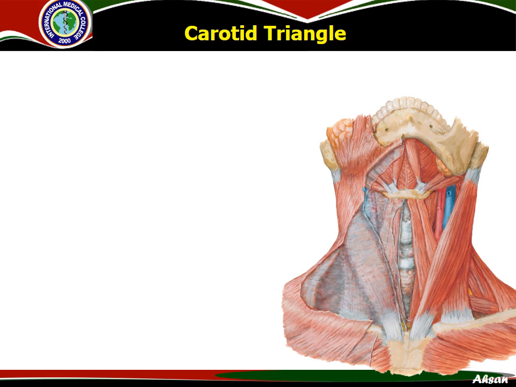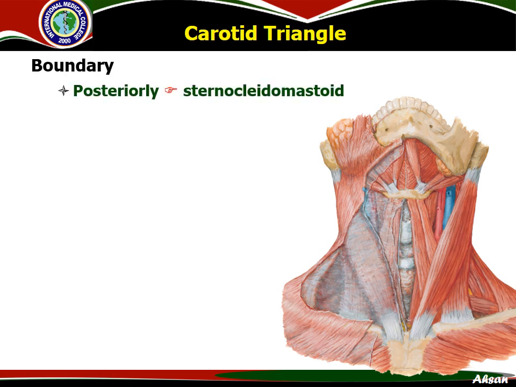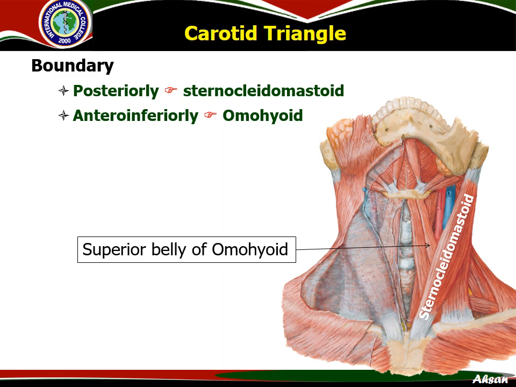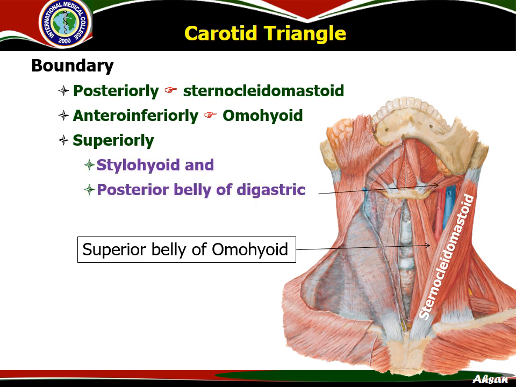The carotid triangle. The carotid triangle is bounded by the anterior border of the sternocleidomastoid, which is the posterior inferior boundary, and anterior inferiorly the superior belly of omohyoid is present. Superiorly it is bounded by the stylohyoid muscle and the posterior belly of the digastric.